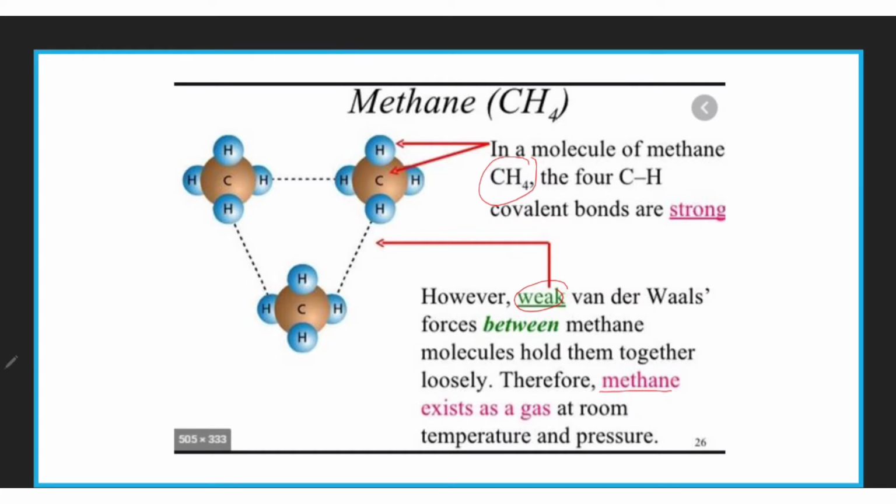Then methane exists as a gas at RTP because of the weak van der Waals forces. Because they are weak, the molecules will be far apart among them.